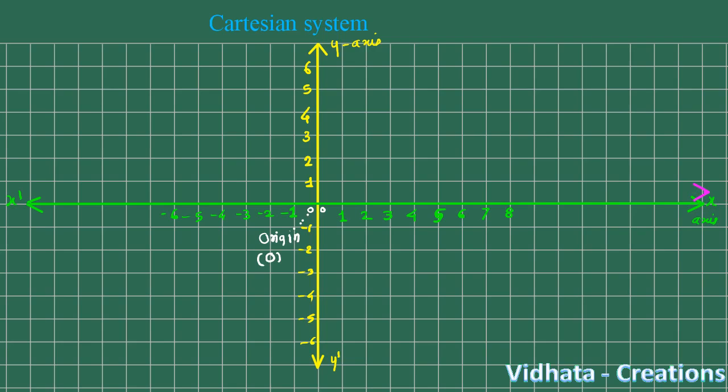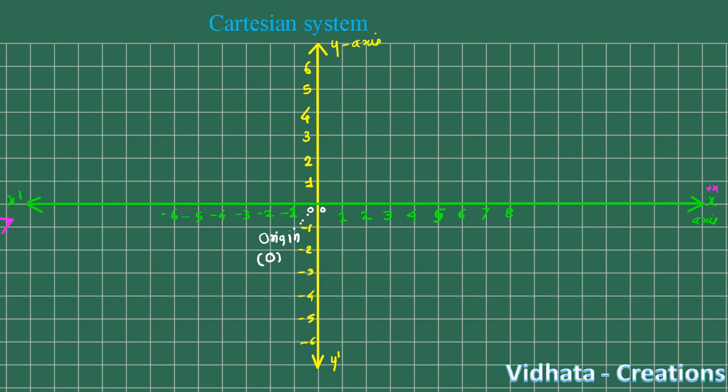Now for that I will write plus x, because it is from 0 to right. And if you move from 0 to the left hand side this way, then it is the negative x-axis, so here I will write negative x.